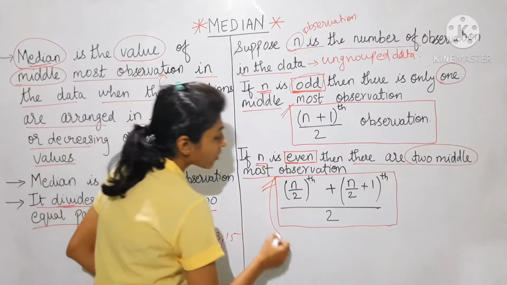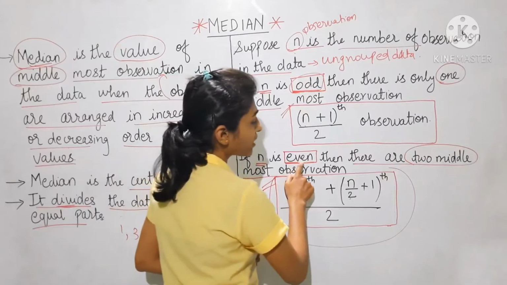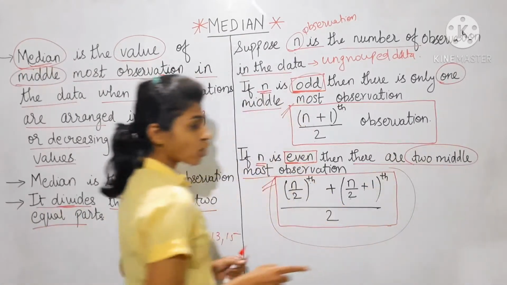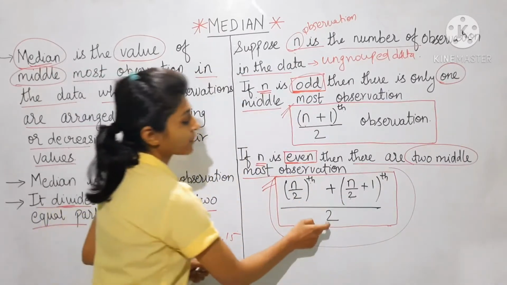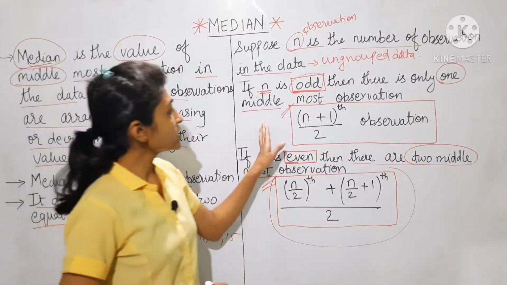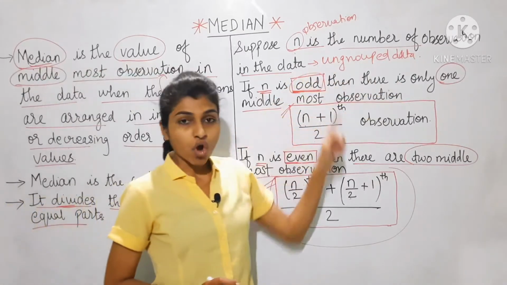So we take the average of both observations: we add them and divide by 2. So these are the two formulas to find median for individual observations.